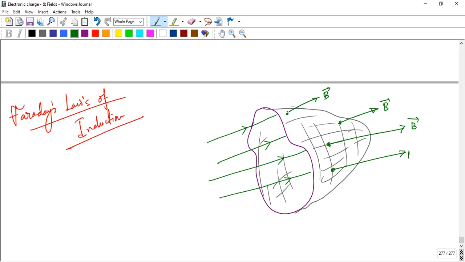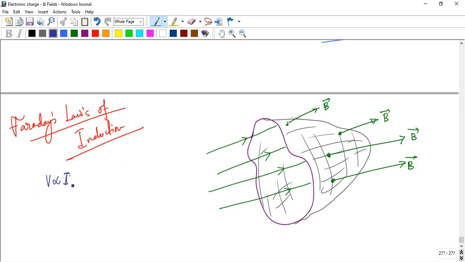Now we know from Ohm's law that V is proportional to I. So here we see there is an induced current generated when the magnetic field is varying. Here we choose a very small amount of area on the fishing net.